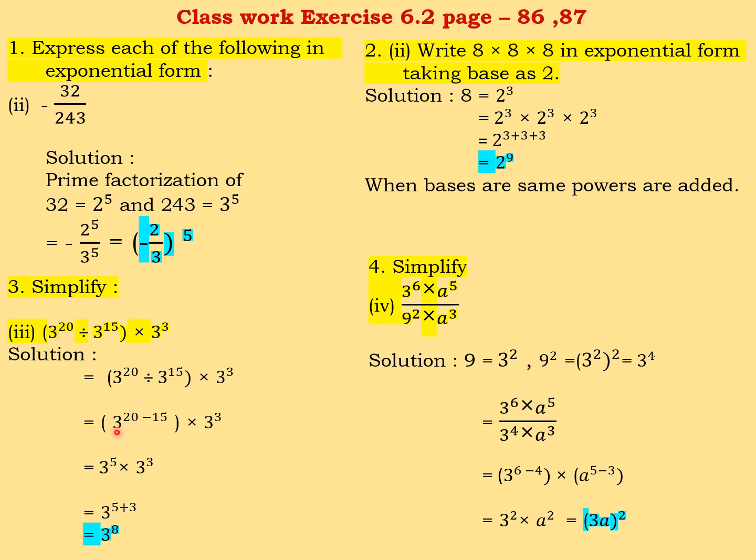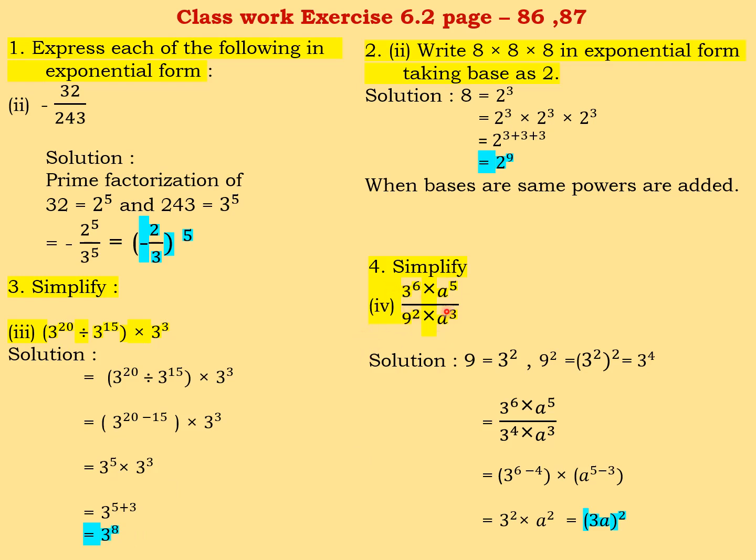So the number will be 3 to the power 20 minus 15 in the bracket into 3 to the power 3. Now 3 to the power 20 minus 15 is 3 to the power 5, into 3 to the power 3. Here bases are same, so powers will be added, and thus the answer will be 3 to the power 8.